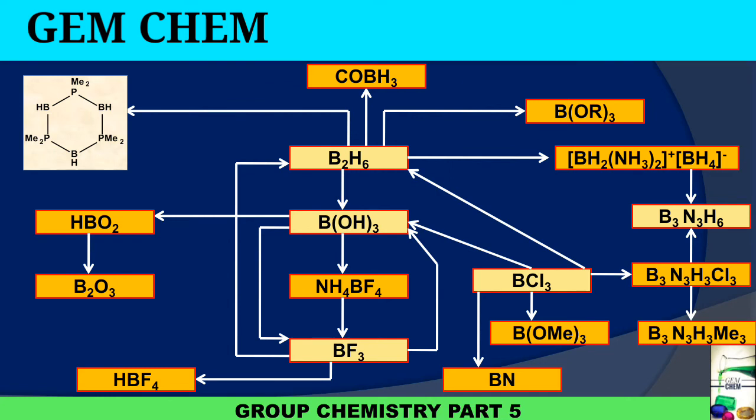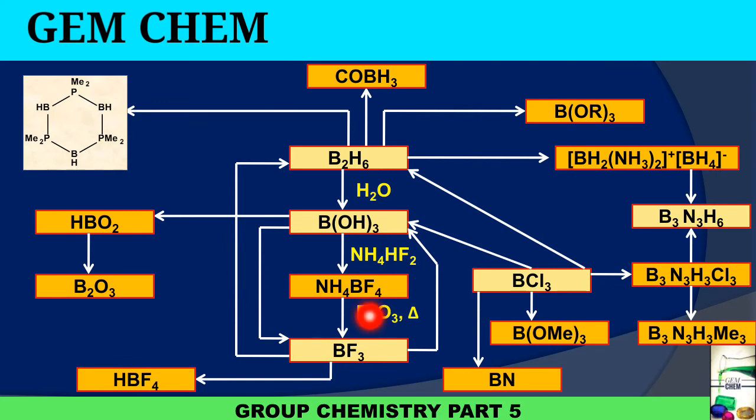So, first we will react diborane with water to produce B(OH)3. Next, we will add NH4HF2 to produce NH4BF4. Next, on NH4BF4 we will add B2O3 and heat.